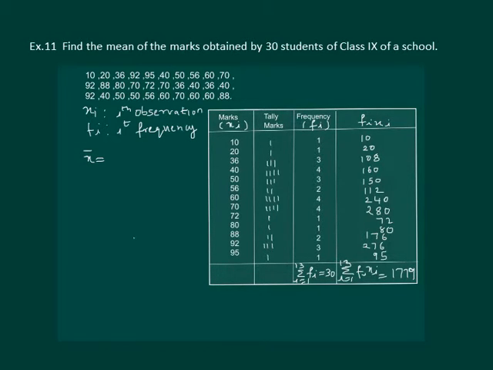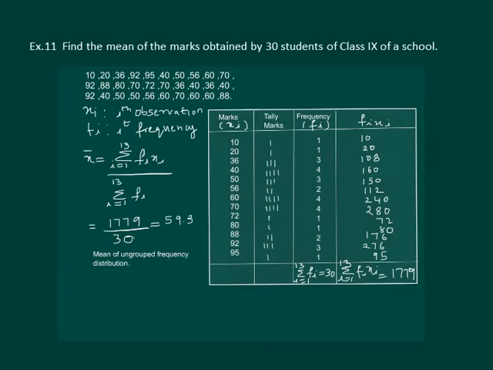And now we can calculate mean as x bar equal to sum of fixi, i varying from 1 to 13, whole divided by sum of fi, i varying from 1 to 13. It comes out to be 1779 whole divided by 30, which is equal to 59.3.